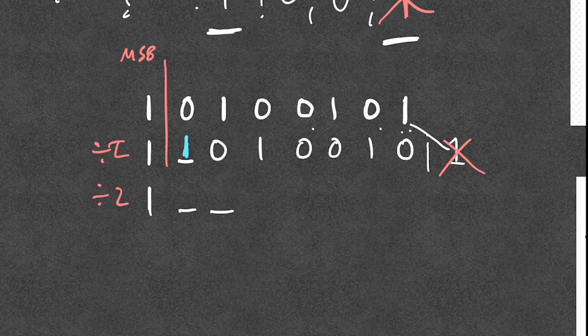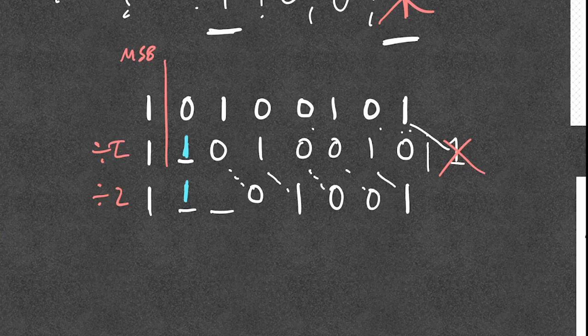And let's do the other one. So we've already got this. We know that's there. Let's move this over here. Move this one over here. This one over here. This one over here. This one over here.